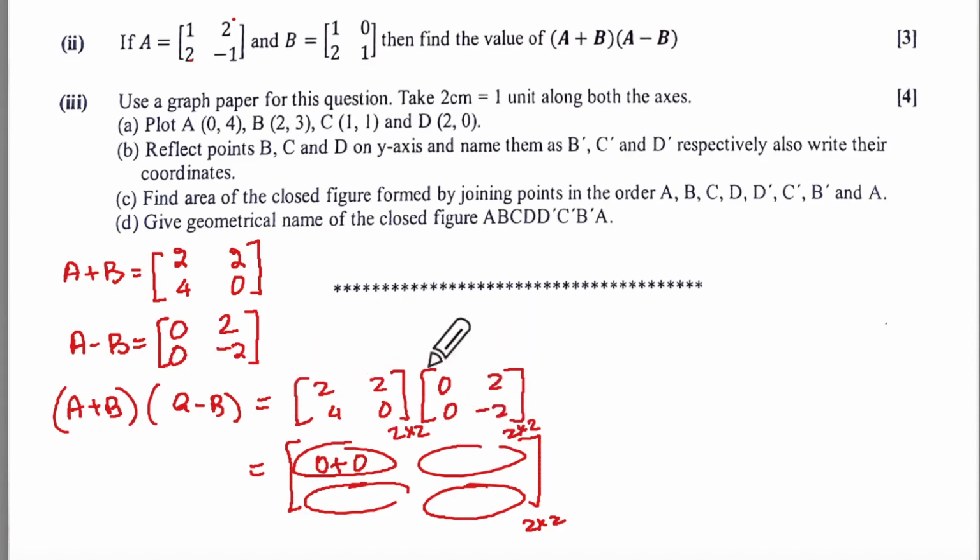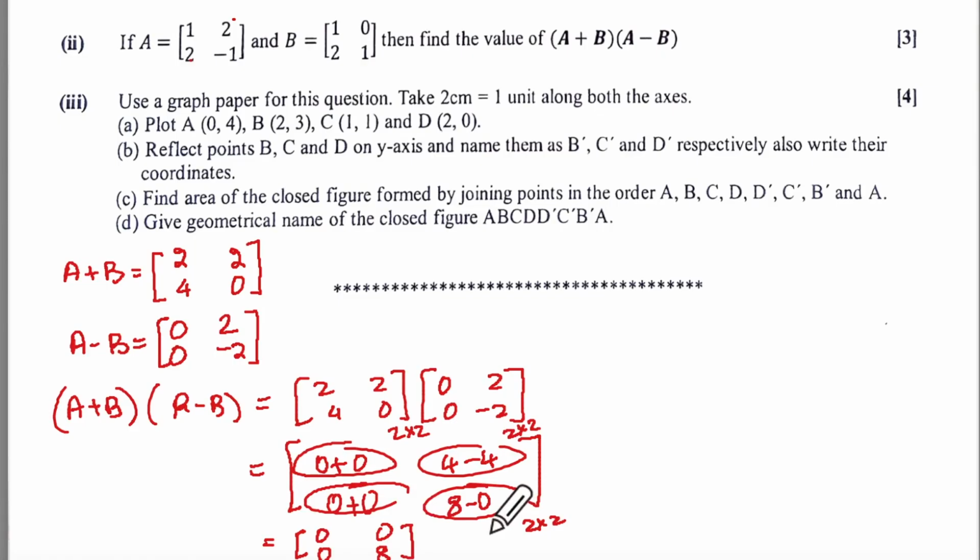This into this. So 2 into 2 means 4. This into this means minus 4. Then second row, first column. This into this is 0 plus 0. Second row, second column. This into this, 8 minus 0. Okay, so what am I getting here? 0, 0, 0 and 8.